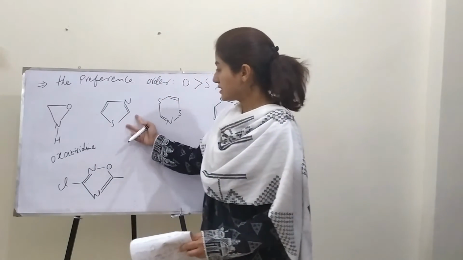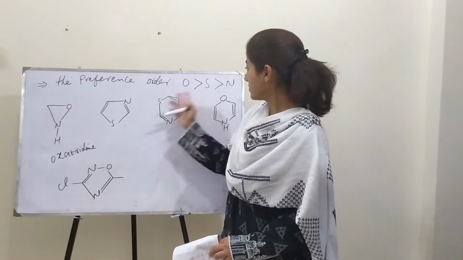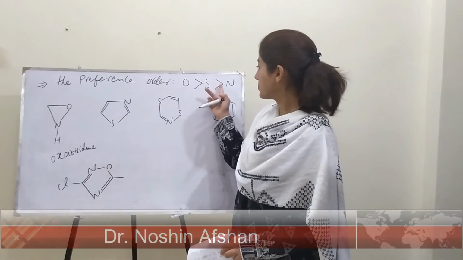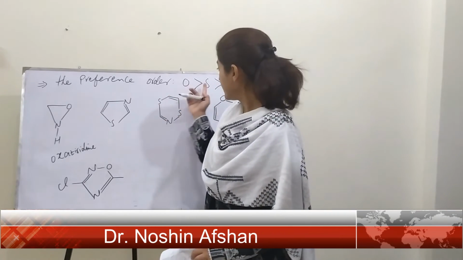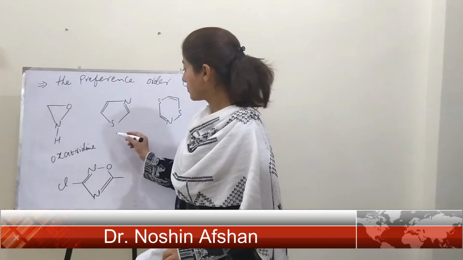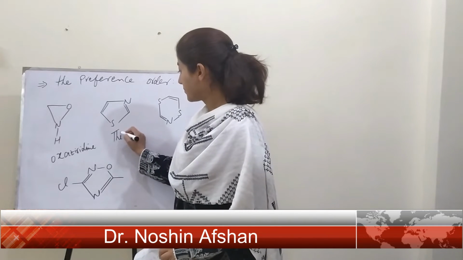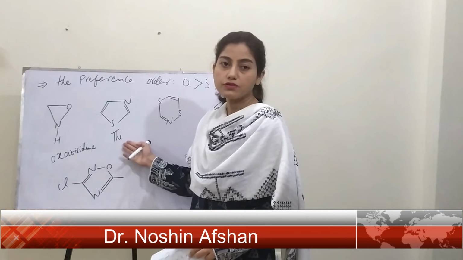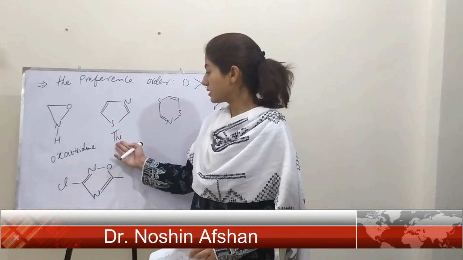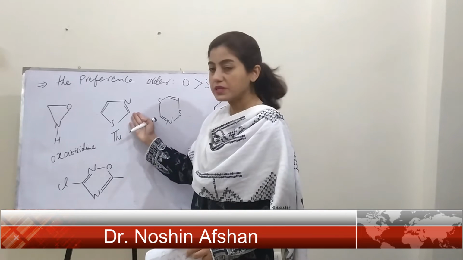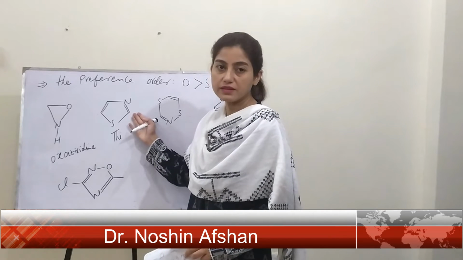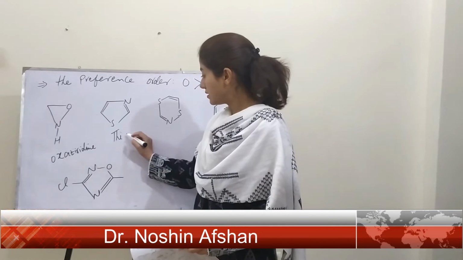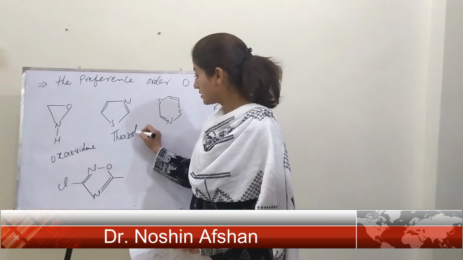And then this is the 5-membered system, and here according to this preference order the sulfur would be given priority, so its prefix would be thia, and as the last letter of the prefix would be omitted, it would become thi, and the 5-membered unsaturated heterocycle containing nitrogen is named as azole, so here it would be azole.